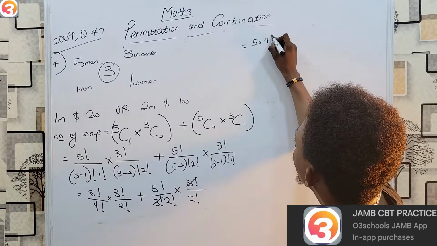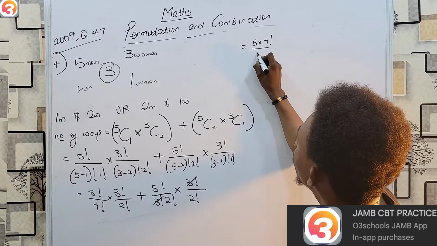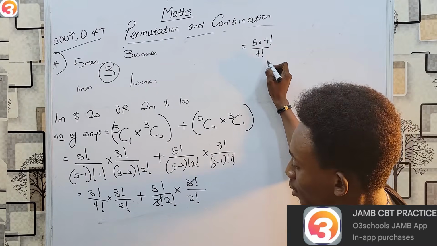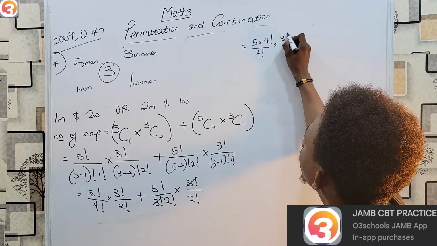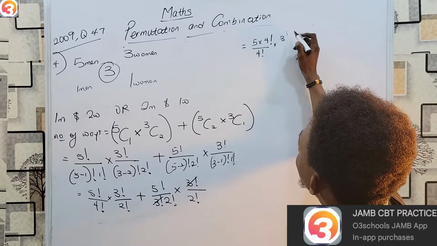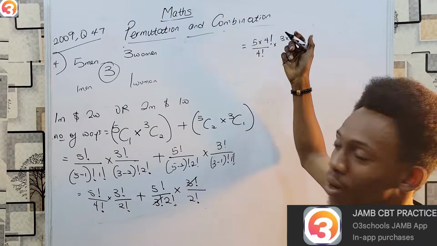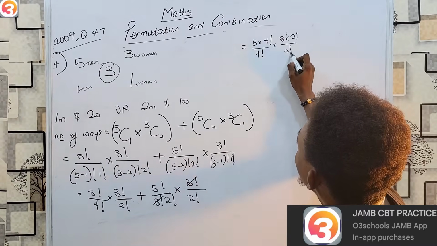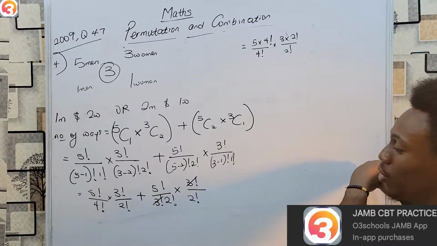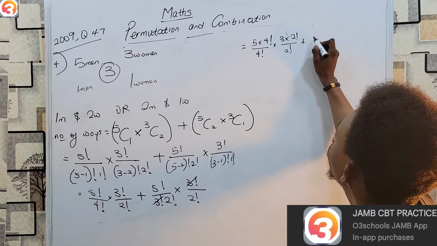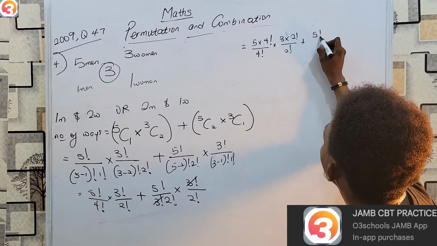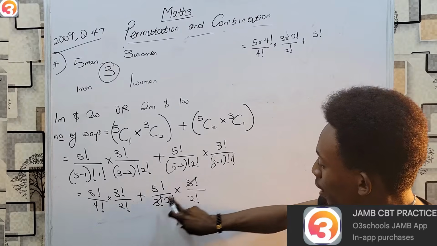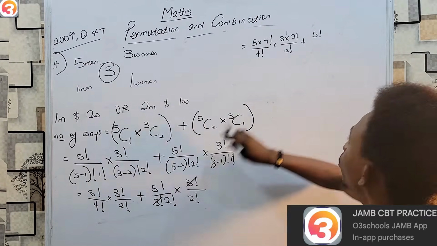So if I simply stop at 4 factorial, I have something that can cancel this. Times, here is 3 factorial. If I expand, instead of going to 2 times 1, then I can just stop at 2 factorial, because there's 2 factorial down here that can cancel it. Plus, here is 5 factorial. This 3 has already cancelled this, so I'm just having 2 and 2 down here.